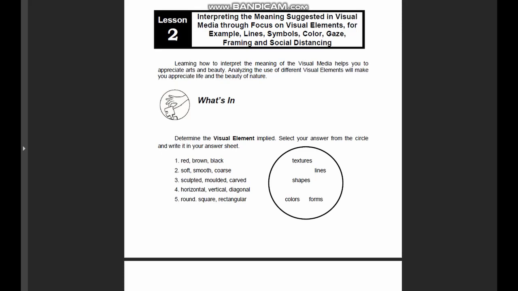Number 3, sculpted, molded, and carved. Number 4, horizontal, vertical, diagonal. And last, number 5, we have round, square, rectangle. Write your answers in your answer sheet or paper. Okay, now we will move on.